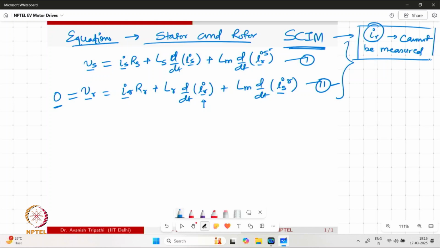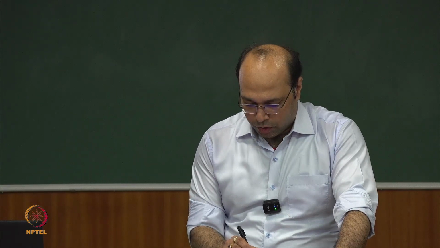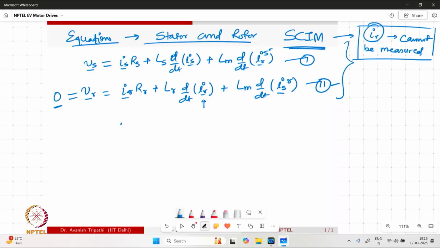So if we have to work out IR, if we have to work with this model, we need to somehow replace IR with other quantities which are measurable or which can be derived on the basis of other measured quantities. So going ahead, we have defined our rotor flux magnetizing current as the combination of IR and IS.